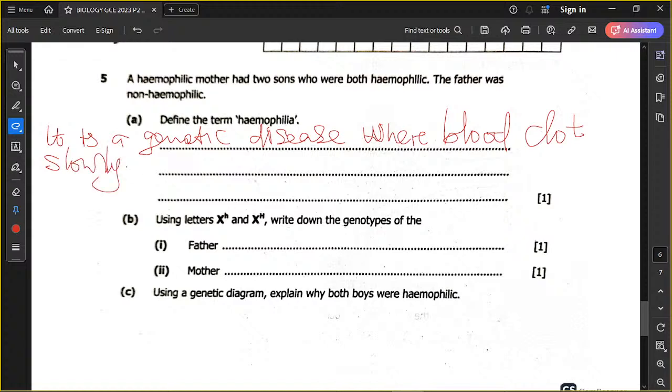If this person has injured himself and the blood is coming out, it will need external intervention for the blood to stop, or it will take a long time for the blood to stop coming out.